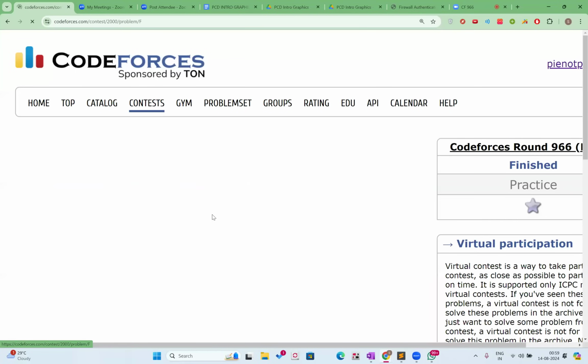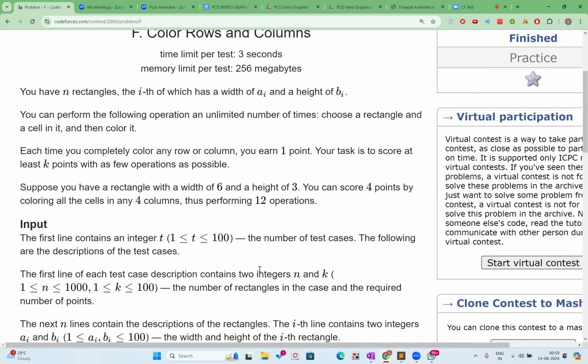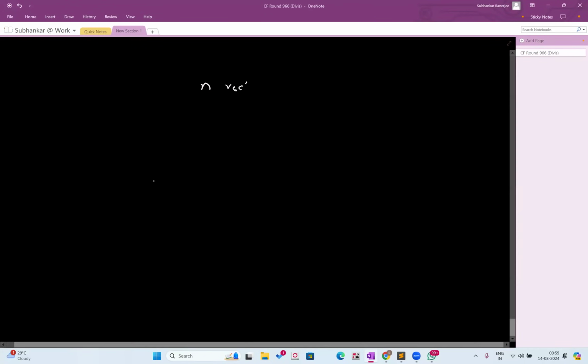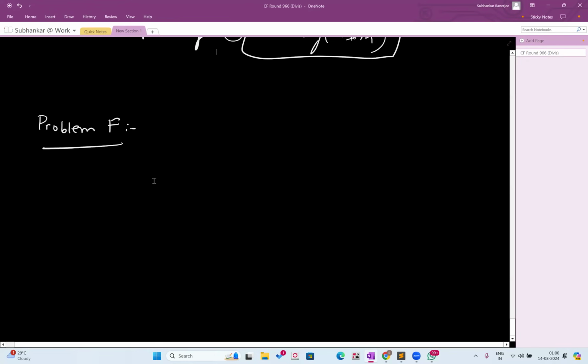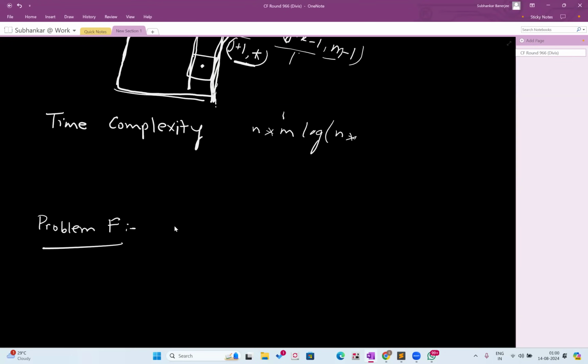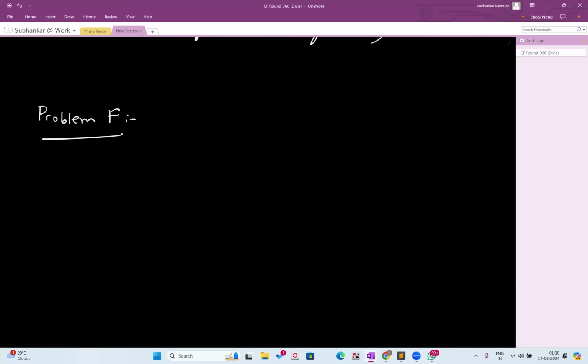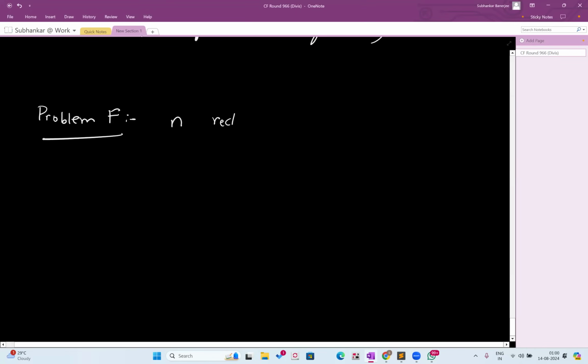Now the problem number F. So basically we are given n rectangles, and the ith of it has a dimension of ai cross bi. So we are given n rectangles.